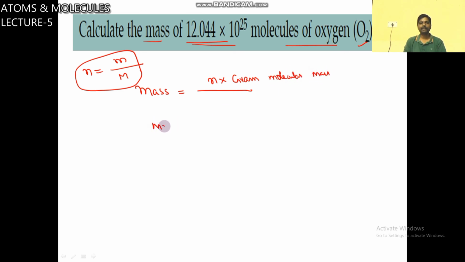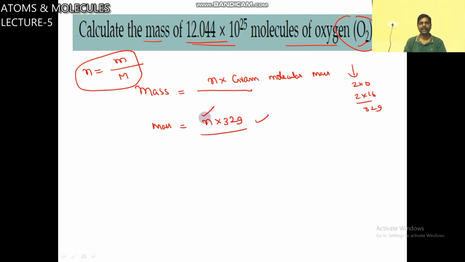The gram molecular mass of O2 you know: 2 into 16, so 32 grams. So mass is n into 32 grams.